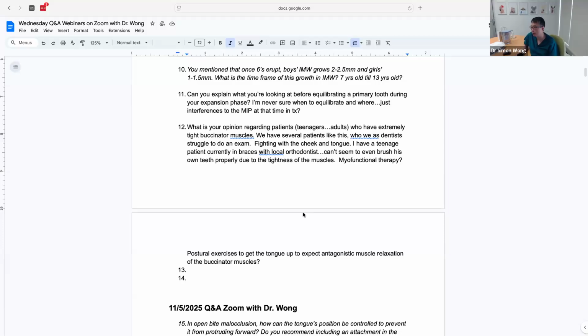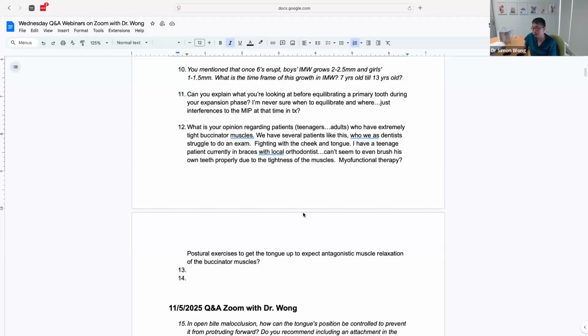So this might be a natural tendency, or it could be you've had a lot of myofunctional therapy to tighten those muscles, but usually through natural progress, they're more often than not the deep bite class 2, division 2 patients. So you have to find a way of deprogramming those muscles.